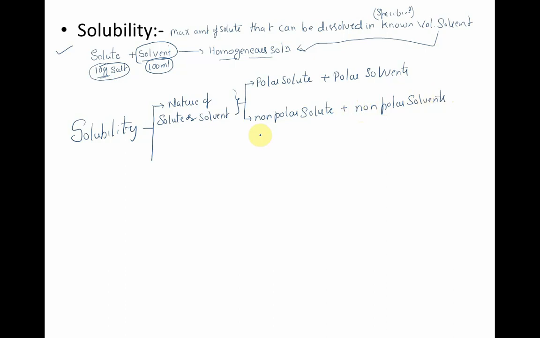So in first year PUC, in chemical bonding, we taught this concept: like dissolves like. Polar molecules are soluble only in polar solvents, and non-polar molecules are soluble only in non-polar solvents. Okay?